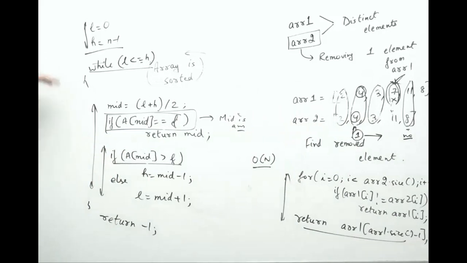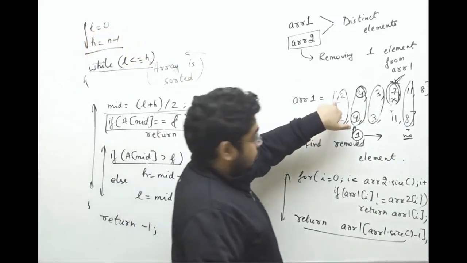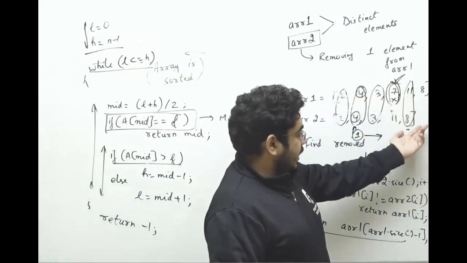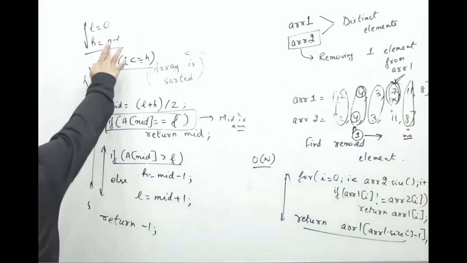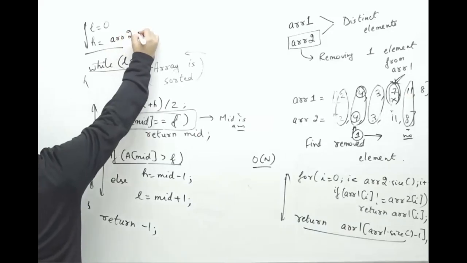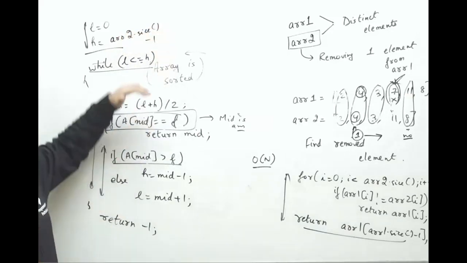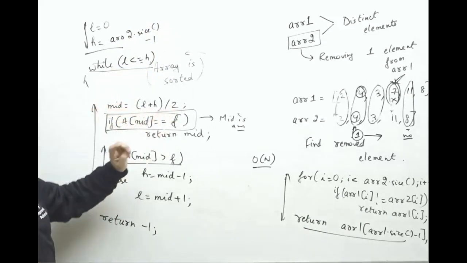Okay. So how will you go about it? Let's look at it. What will we change? So L will still be 0, H will still be n minus 1, so array 2 dot size minus 1. So let's do that. While L less than or equal to H, calculate the mid, L plus H by 2.